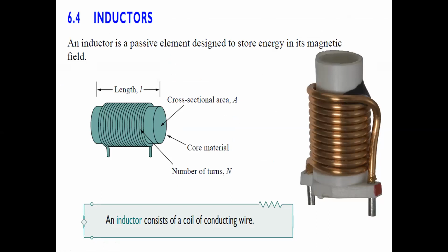It is just a conducting wire wound into different number of turns, and the core is put there to increase the connectivity of flux from one coil to another coil or one coil to another metal element or whatever the requirements will be.